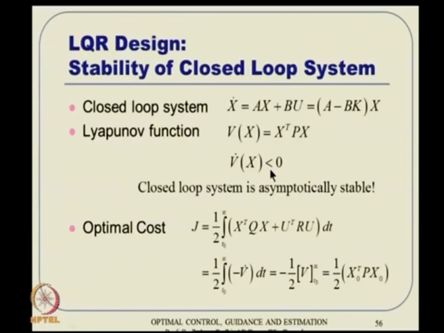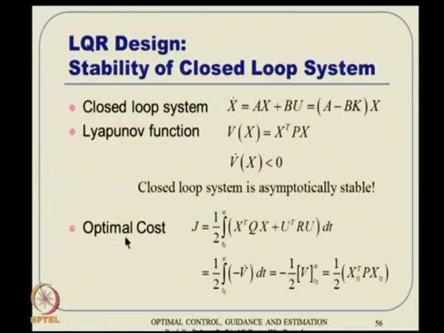So, the closed loop system is asymptotically stable, and because it is also radially unbounded, it turns out that it is globally asymptotically stable. If you see the solution nature, for constant A and B and constant K, it is actually globally exponentially stable also.